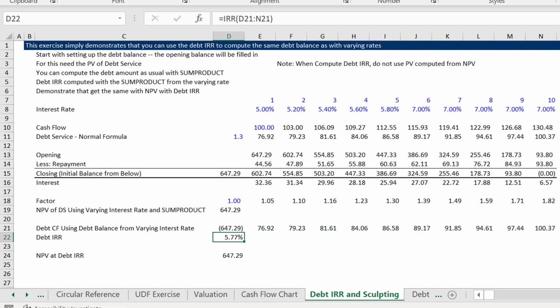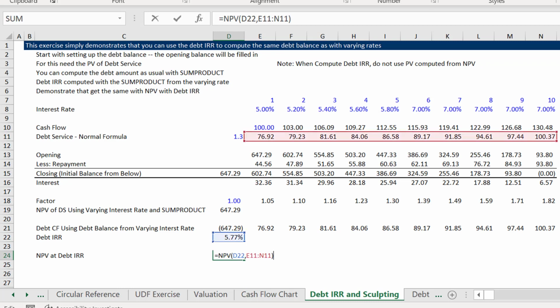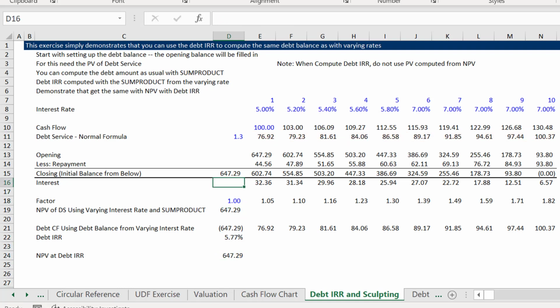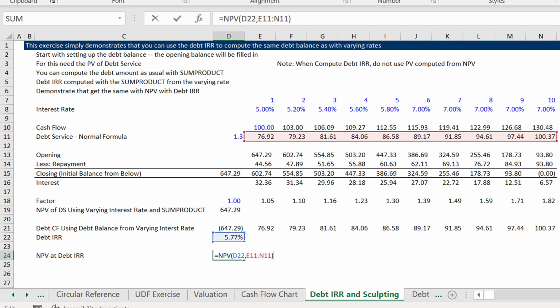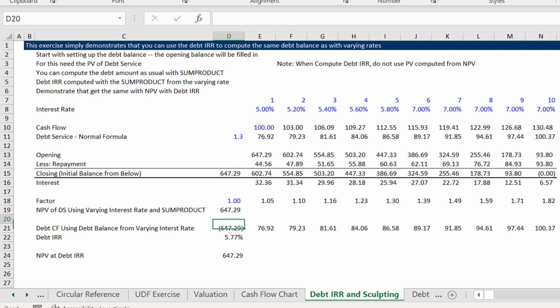So this IRR is the number that makes the present value of this stuff 0, and if you just use the forward debt service and instead of taking the last one, you can get the same result with the debt IRR as you can with the varying IRR.